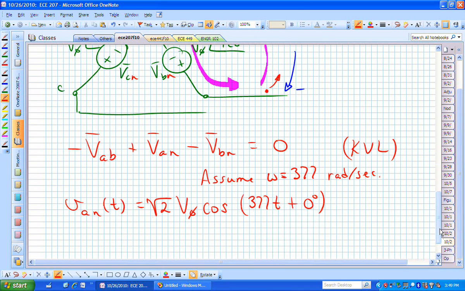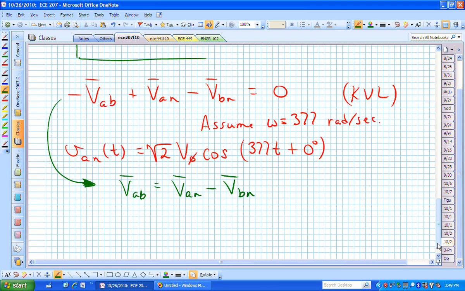This equation can now be used to solve for the line voltage V sub AB. If I put it on a side by itself, I now have V sub AB is V sub AN minus V sub BN. Those are subtracted, but remember, those are phasors or vectors, and this is now a vector subtraction.